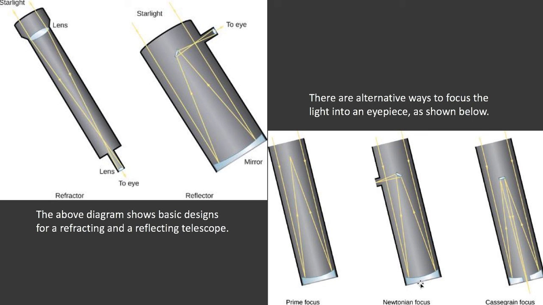But it turns out that because you can make these mirror telescopes much bigger, the fact that you lose a little chunk of the light isn't that important, right? It's a small sacrifice to make with the Newtonian focus or the Cassegrain focus in order to not have to deal with the chromatic aberration that you would get with a refracting telescope.